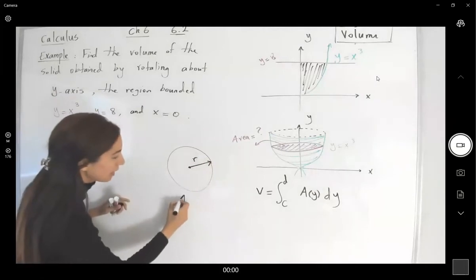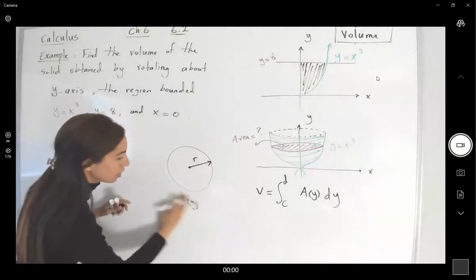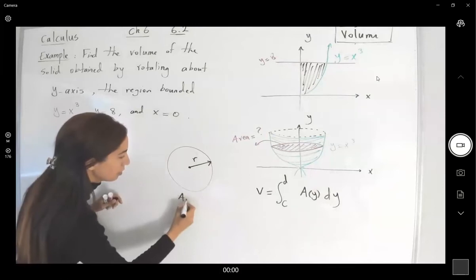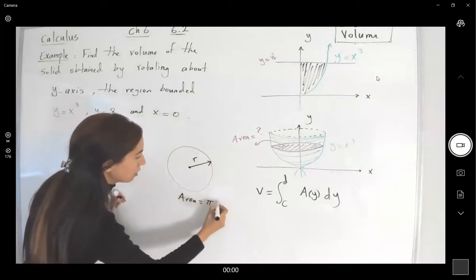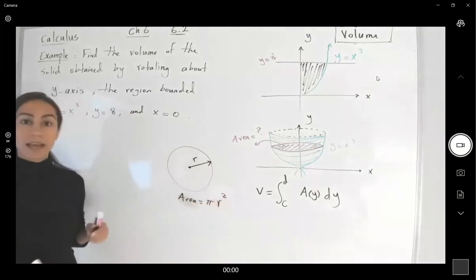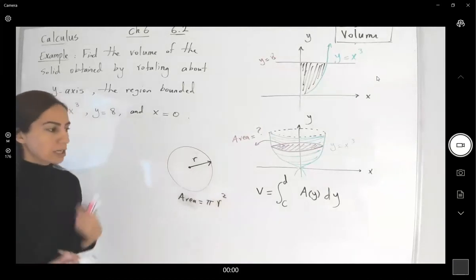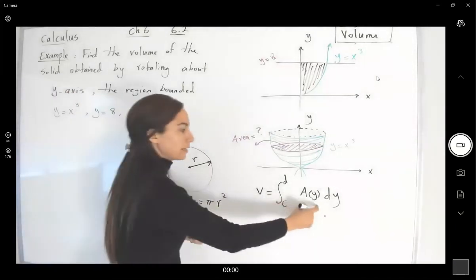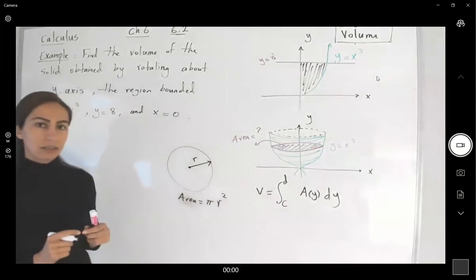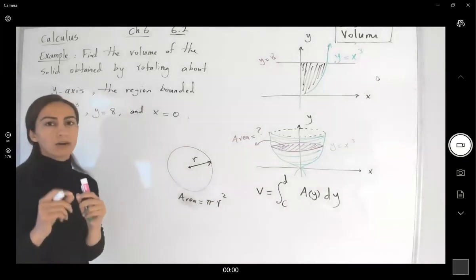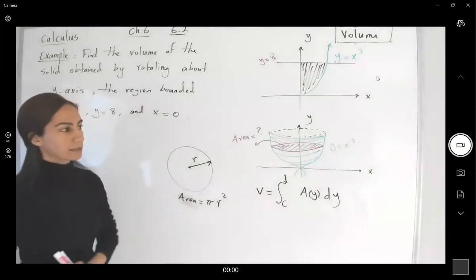The area is not that hard to find. The area is equal to pi r squared. As long as we have our r, then you're done.